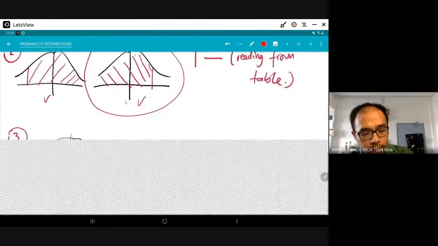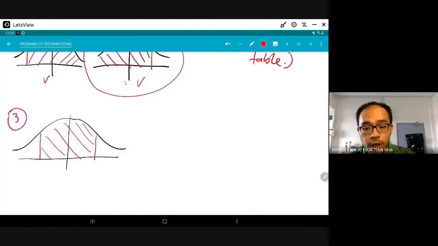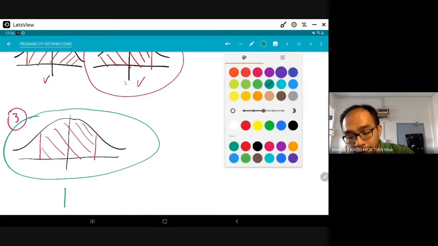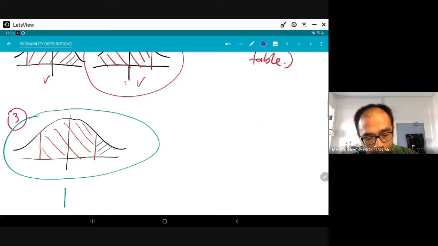So if you want this section in the middle, okay, we have to think about this. What is my total probability? When you use decimals, you learn that the total probability is actually equal to 1. Okay, and if I take the reading from the table, I can minus the blue and I can minus the purple to get the red.